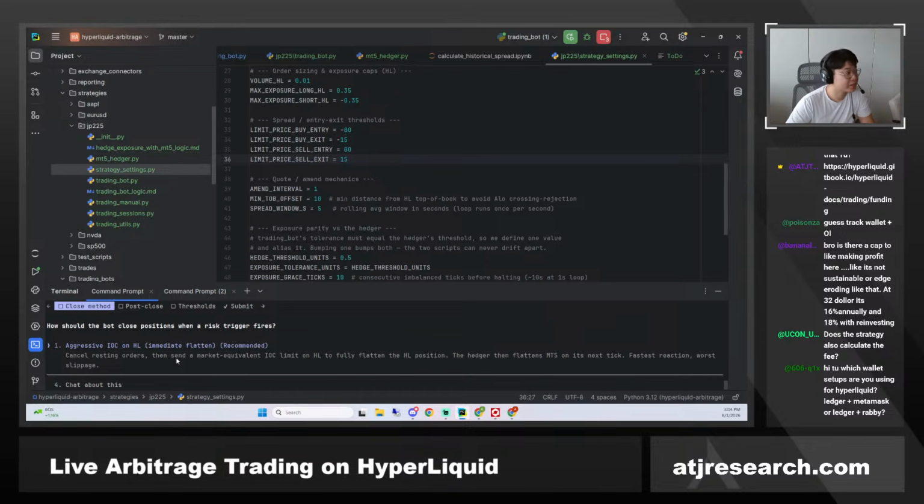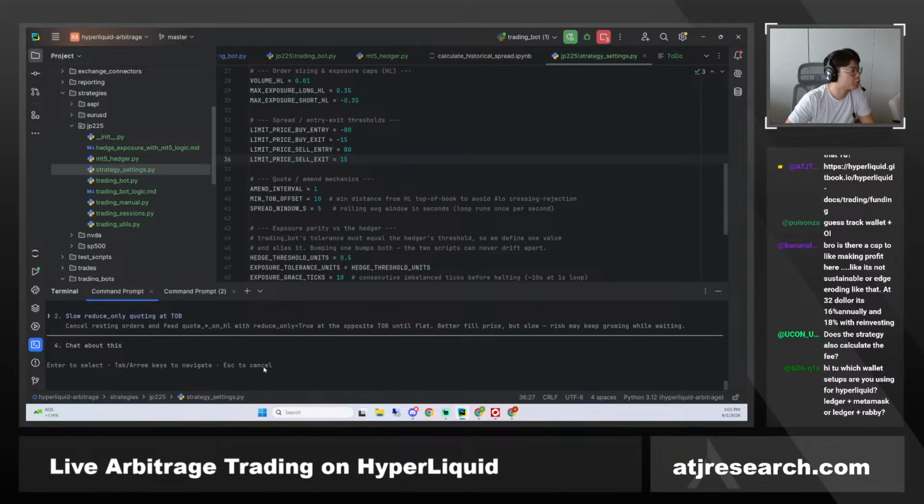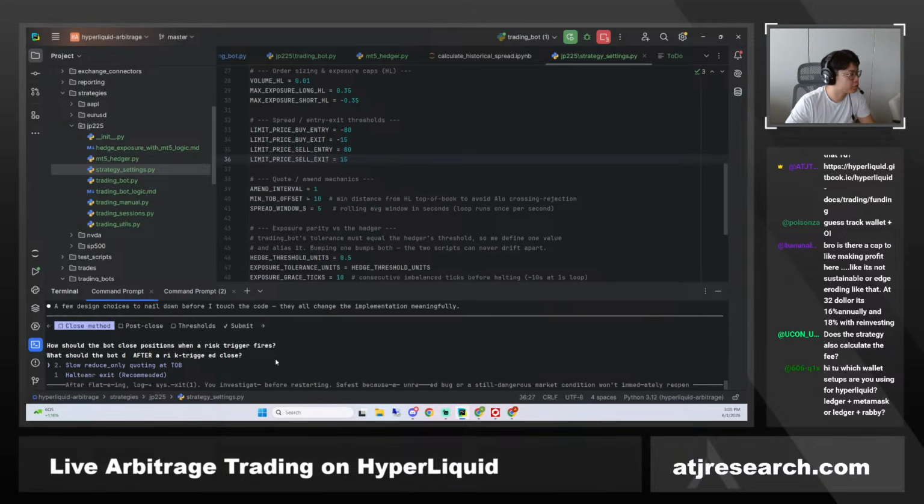Which would immediately close out the position at the current market order. In that case, I would rather just get margin called. It's basically the same thing. Hyperliquid would stop my position, it would get liquidated, and then it would immediately hedge anyways. So what I'm going to do is a slow reduce only. So here the strategy would go to reduce only.